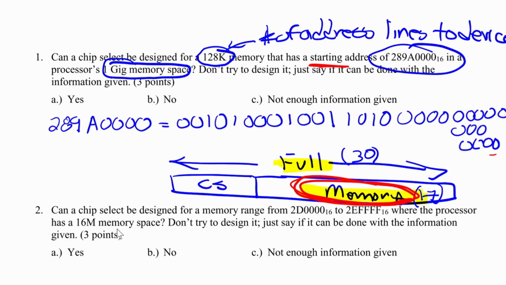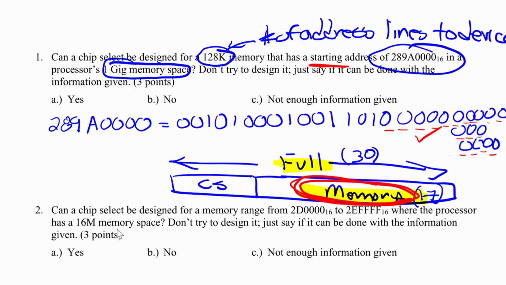So we've got 1, 2, 3, 4, 5, 6, 7, 8, 9, 10, 11, 12, 13, 14, 15, 16, 17. So this can be a starting address because it has 17 zeros in the least significant bit positions where the memory address would go. That would be a good starting address.